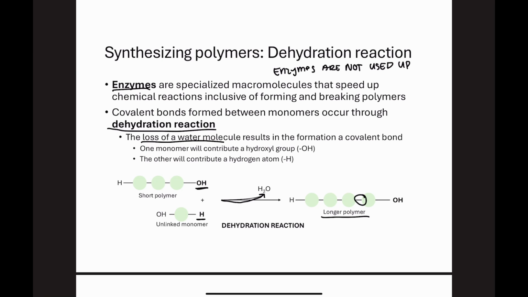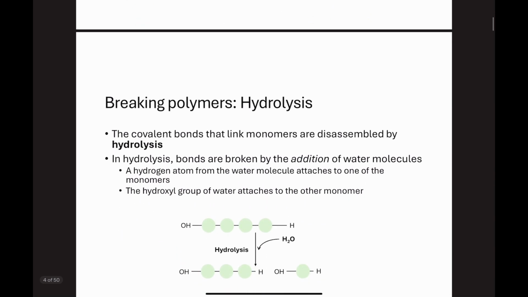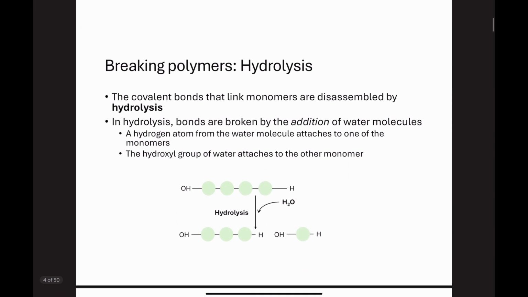And it's extremely important that we have the ability to break down our polymers, because a lot of the times our cells cannot actually absorb polymers because they are too large. So the covalent bonds that link our monomers are disassembled through hydrolysis. And we can think of hydrolysis literally as the opposite of a dehydration reaction.